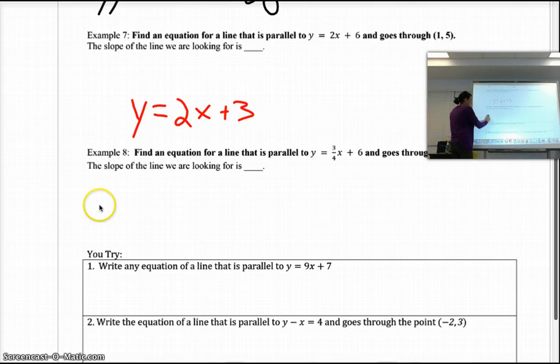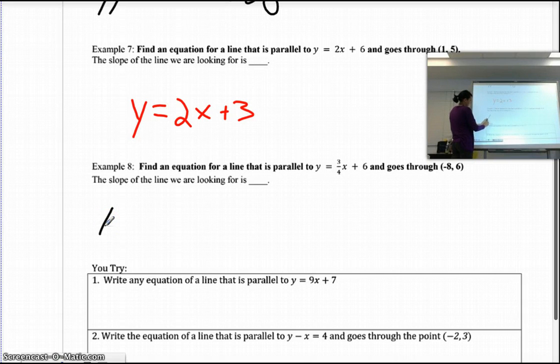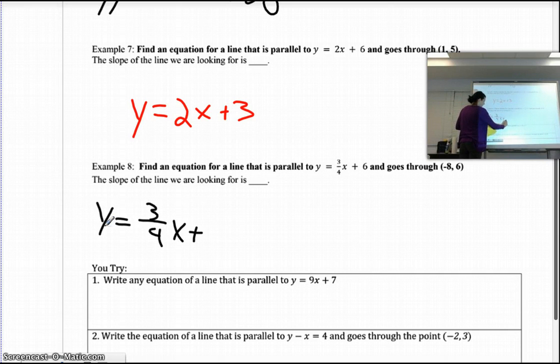First of all, you should have gotten y equals 3 over 4x plus 12. The question was asked, well, what about this 6? What happened to that 6? Remember, these are two different equations. I no longer need that 6 there.